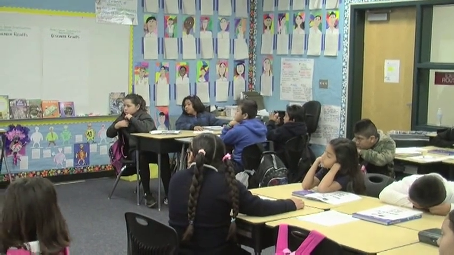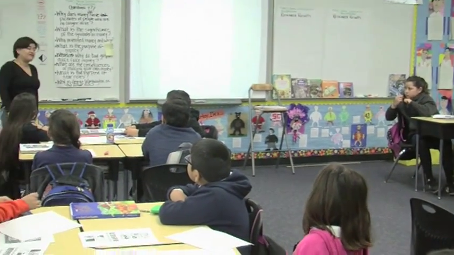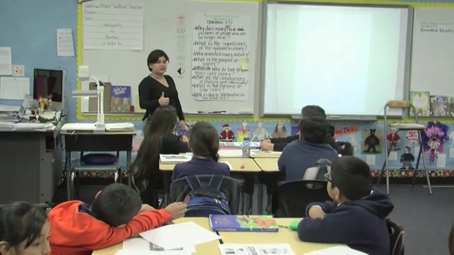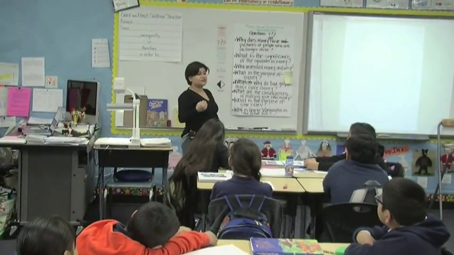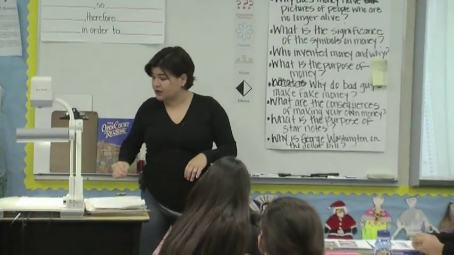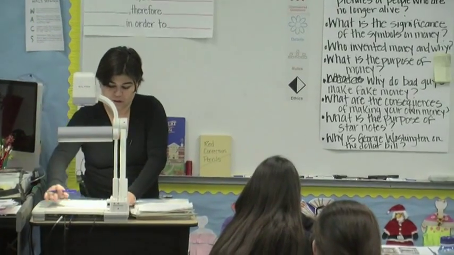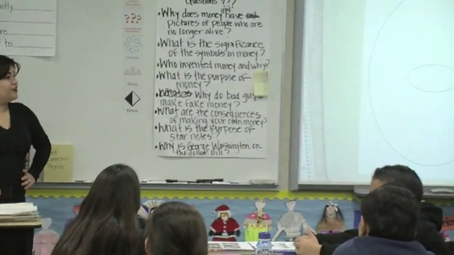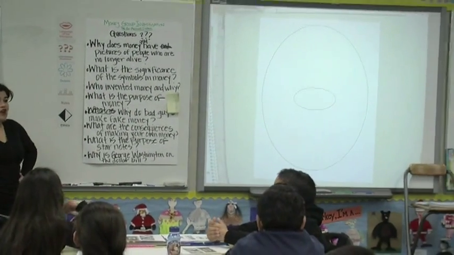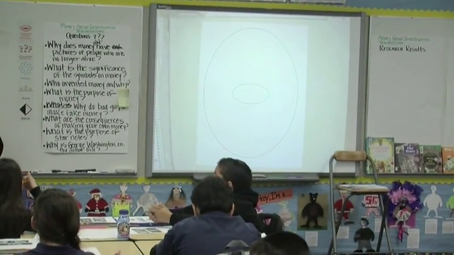Then why is George Washington on the dollar bill? Well, again, you're going to have to analyze a lot of details. There might be some rules in there. You're going to have to figure it out. Now, as far as your circle map goes, I would prefer that you guys focus on one really good question.